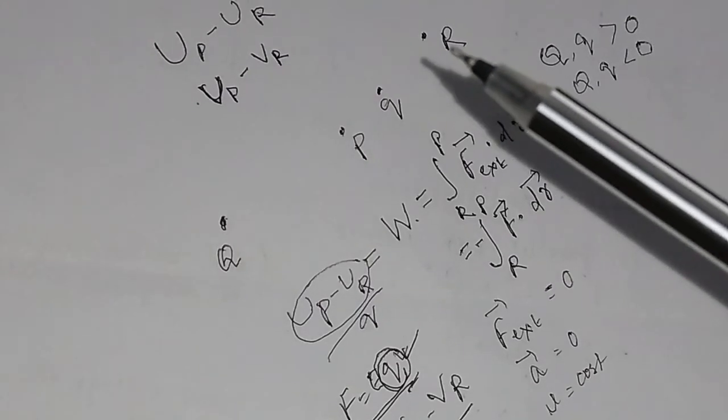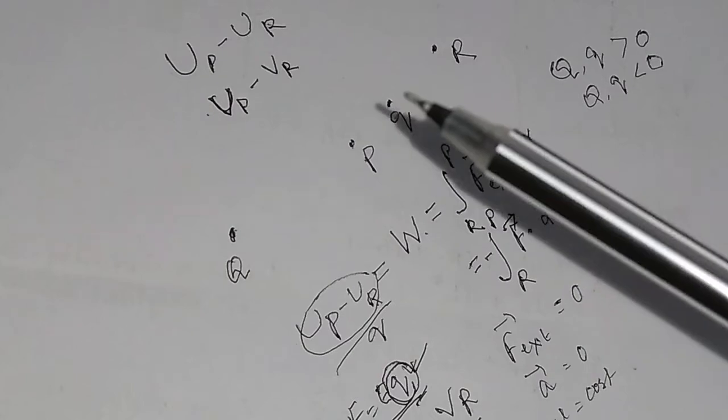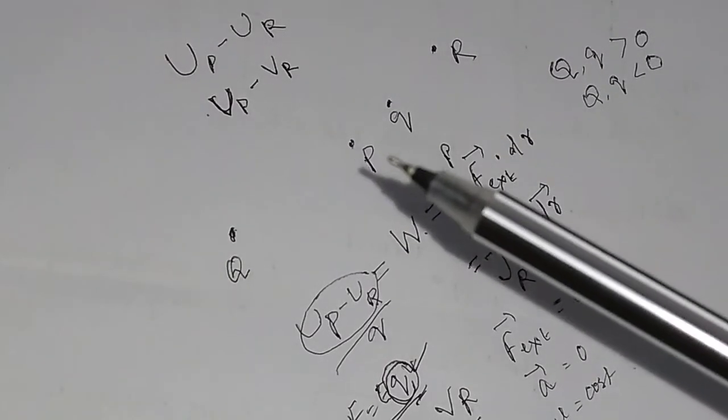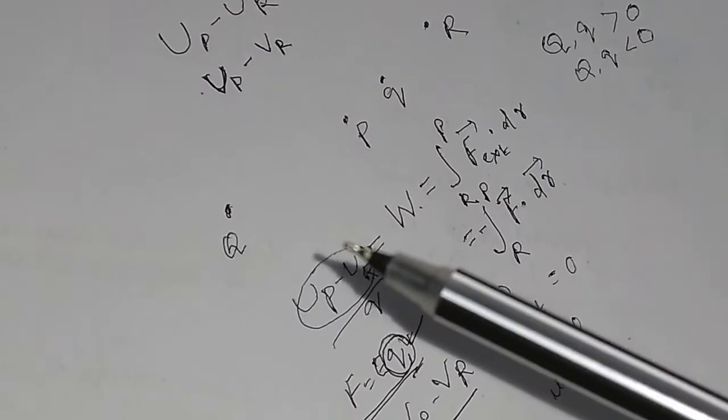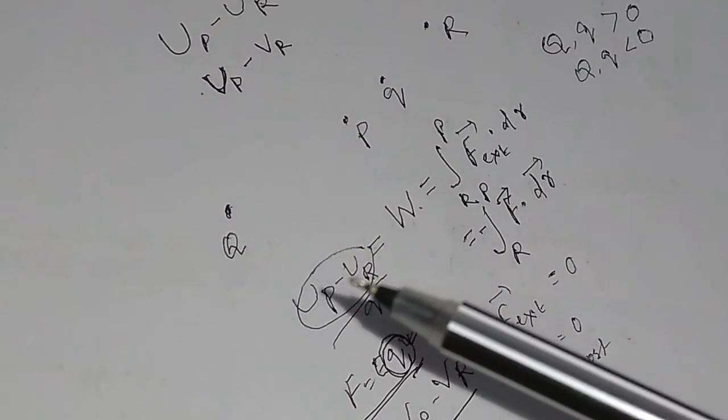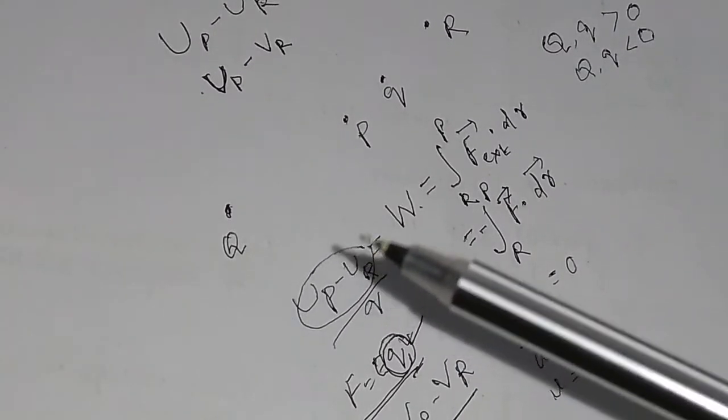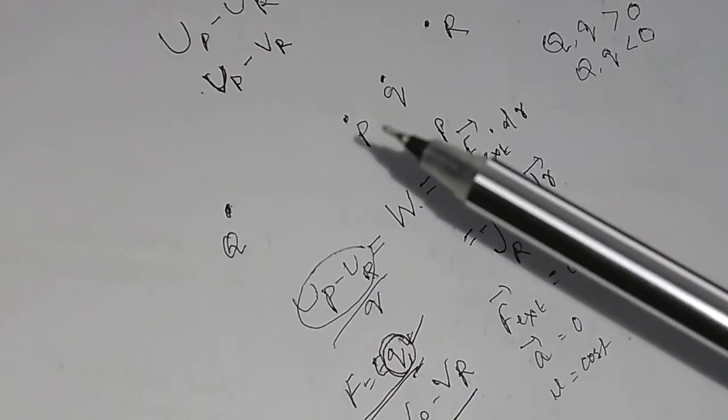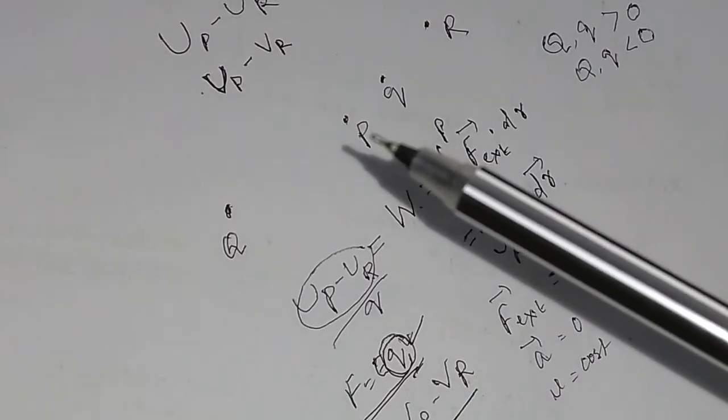Okay, and if you bring this test charge from infinity to this point P, then at infinity the electrostatic potential energy will be equal to 0. So Ur will be equal to 0. Then you define the electrostatic potential energy at a point.